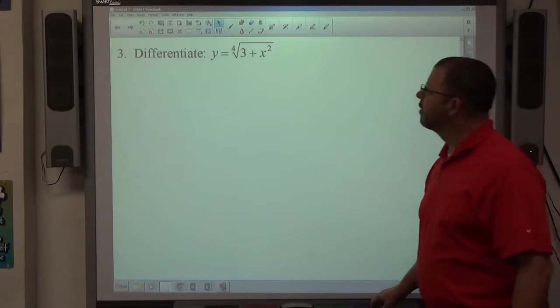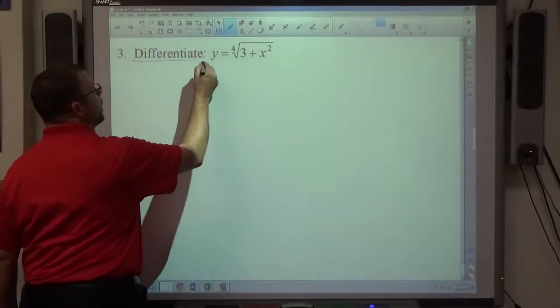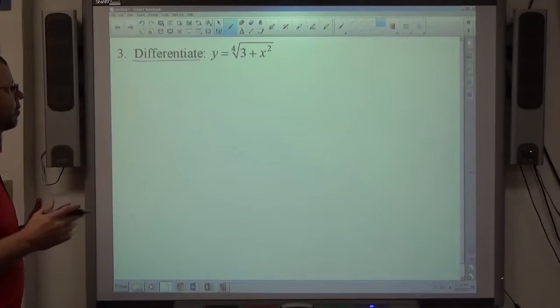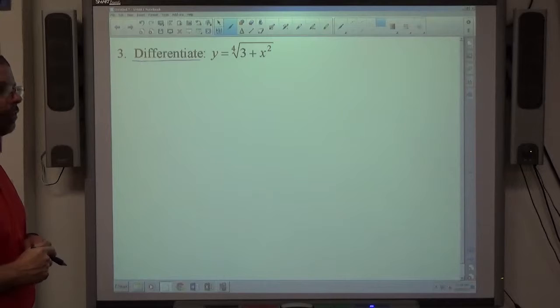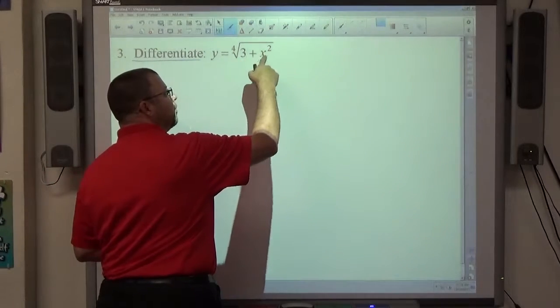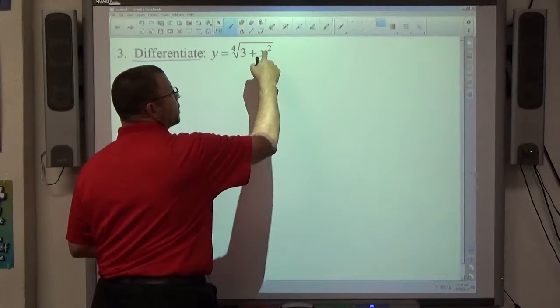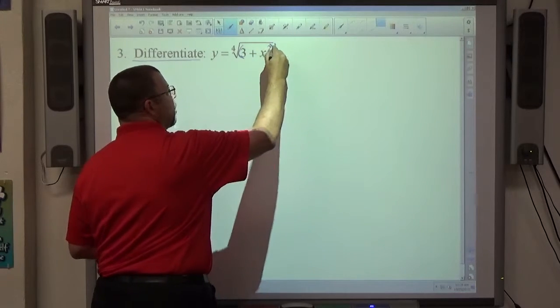Number 3, differentiate the 4th root of 3 plus x squared. Anytime I see this word and I see a radical structure, I want to change it into a fractional power structure. Keep in mind, be cautious of a polynomial, a binomial or more here. 3 plus x squared is all to the first power.